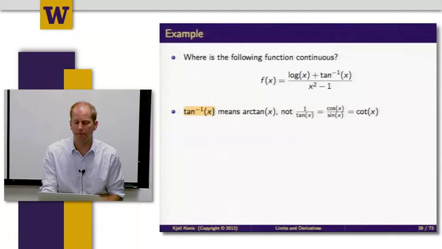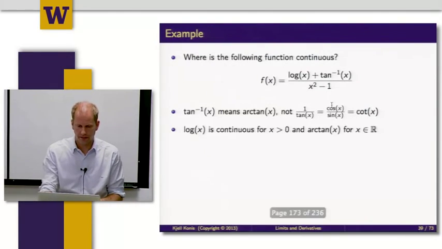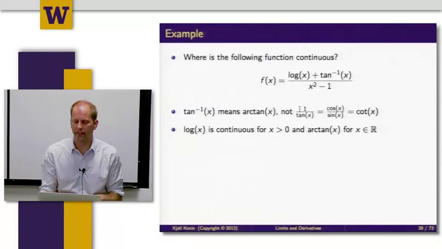So I would say best to avoid this notation. Use arctangent, and if you need that to be a power, just write it as 1 over tangent squared or something like that. So this second bullet point is just a little diversion to explain this tangent, which I think basically was invented because it fit nicely on calculator keys.